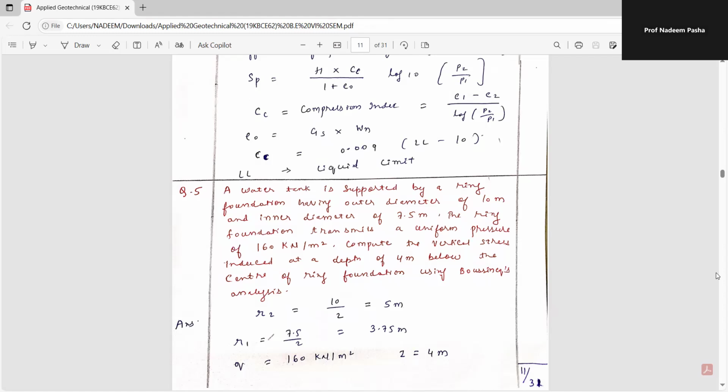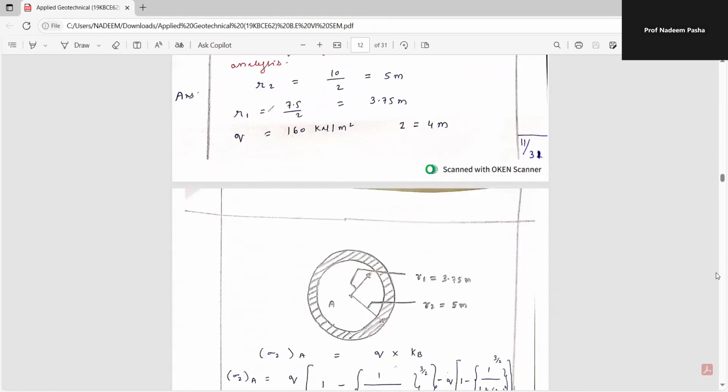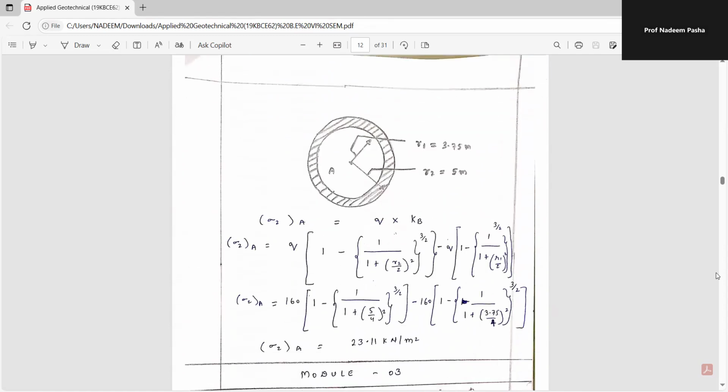So R2 is equal to 10 by 2. Diameter is 10, so radius is 10 by 2, 5 meter. R1 is equal to 7.5 by 2, it will be 3.75. q is 160 kilonewton per meter square. z is 4 meter. R1 is 3.75, R2 is 5 meter. Sigma z is equal to q into Kb.